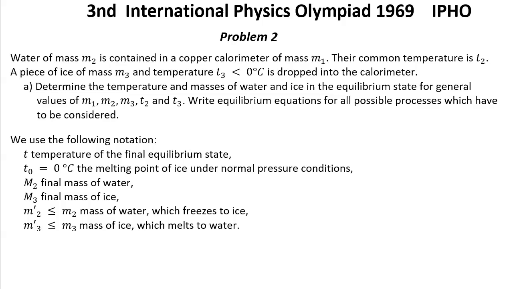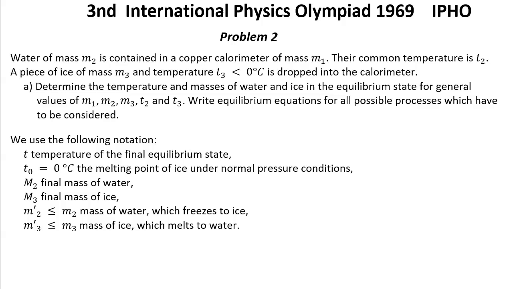Big M2 equals the final mass of water. Big M3 equals the final mass of ice. And M2 prime less than M2 is the mass of water which freezes to ice, and M3 prime less than M3 is the mass of ice which melts to water.